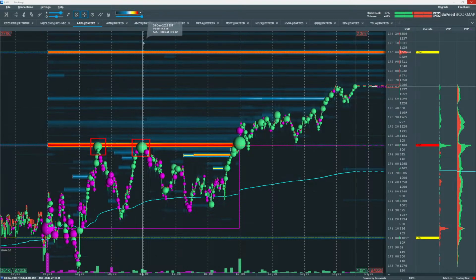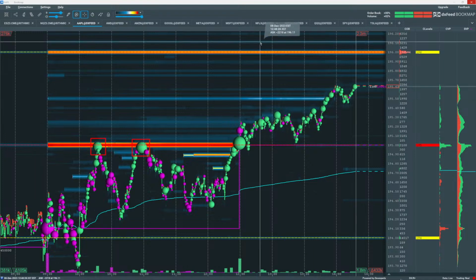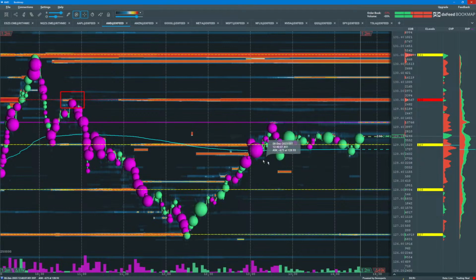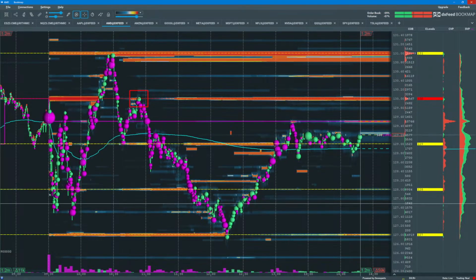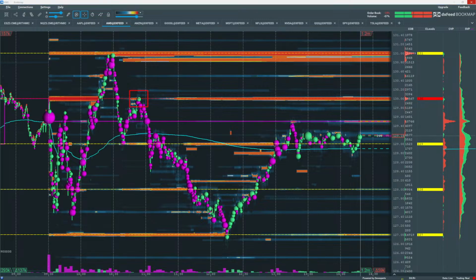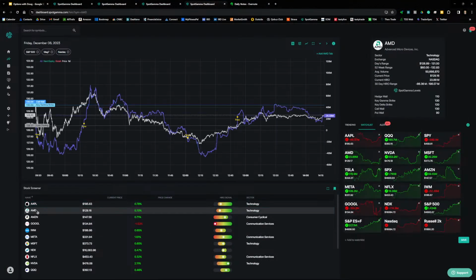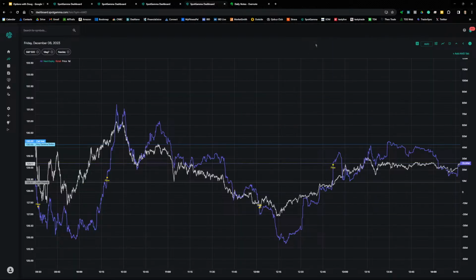The next, AMD. Let's go take a look at Hero. So for AMD, 130 is the call wall.